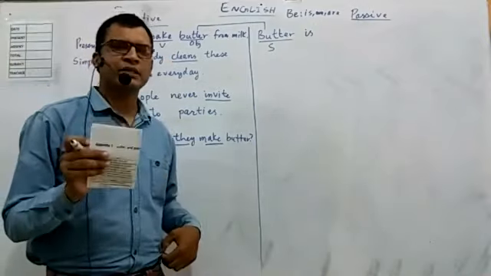In both the cases, we will use this passive structure. It's not important who is making butter, but the important thing is butter is made from milk. Okay. In our local background, especially in the Pakistani situation, a lot of teachers emphasize that when we make active to passive, what about this subject we?